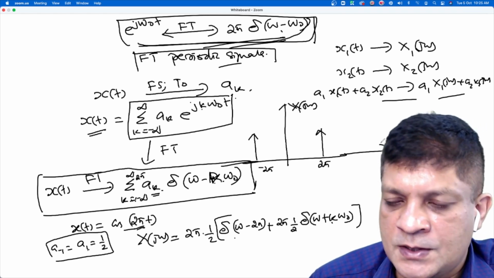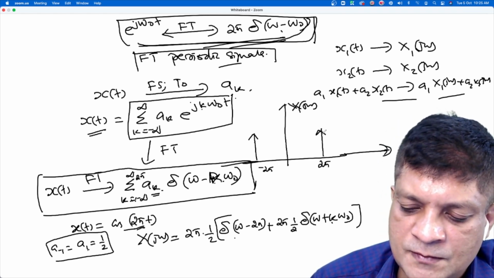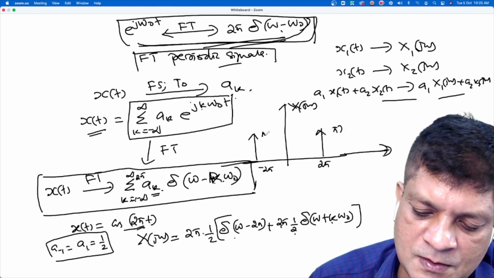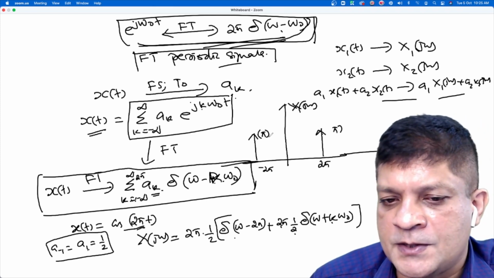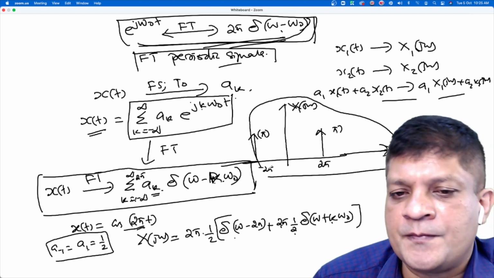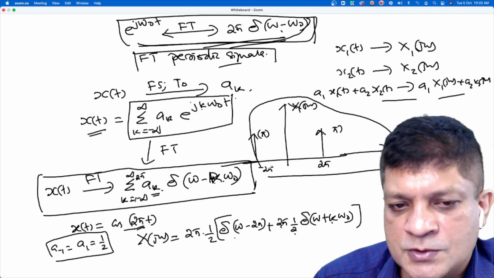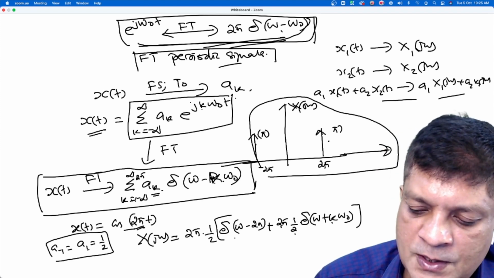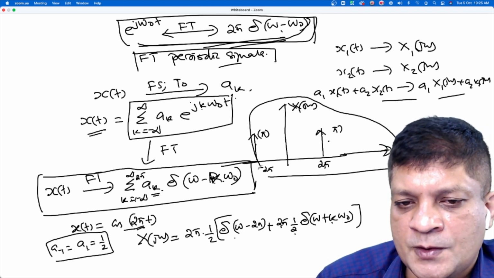And what are the strengths of those impulses? Both have strength pi, isn't it? So this is the spectrum of cos 2 pi t, with two impulses at 2 pi and minus 2 pi.